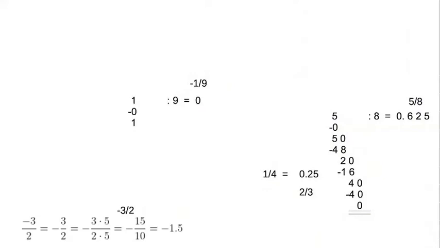And we write down 1, pull down a 0, and write a dot. Then we subtract 9, because 9 is the maximum that we can put into the 10. If we subtract 9 from 10, we will get 1. If we pull down a 0, we will get a 10.